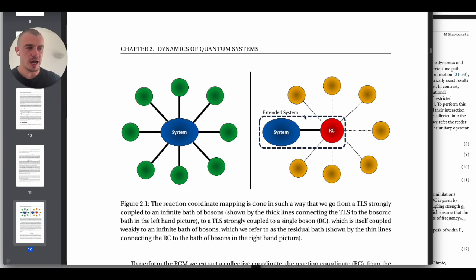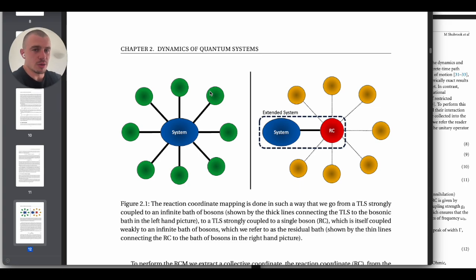What that means is that after we perform the reaction coordinate mapping and derive the reaction coordinate master equation, we can use that master equation in the strong coupling regime, because the perturbation theory that the reaction coordinate master equation is based upon does not rely on the original system-environment coupling strength being small. It relies on something else, which is essentially that the spectral density of the full environment is sharply peaked.